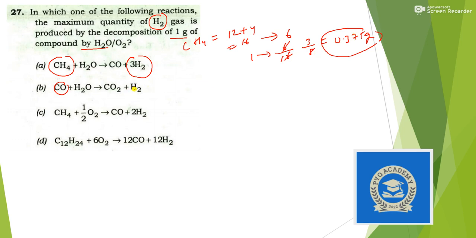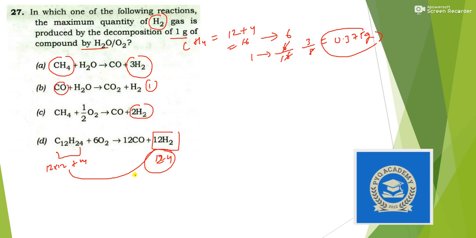In this case there is only one, so it will definitely be less than this option, and this one with 2H2 will also be less than this. Now check this option with 12H2. Here we can see it is a very large amount. 12C means 12 times 12, plus 24, and it is going to produce only 12 out of 24.